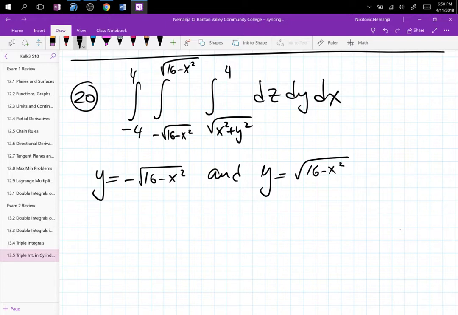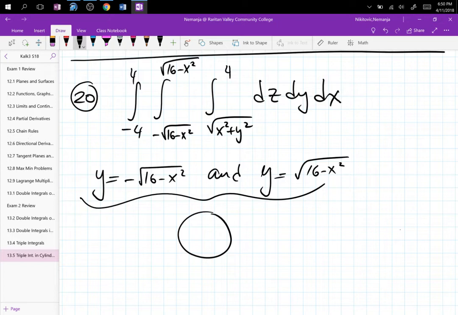It is a circle of radius 4. Very good. So two of these give you the circle of radius 4, from 4 to negative 4 in both directions. You have your domain.